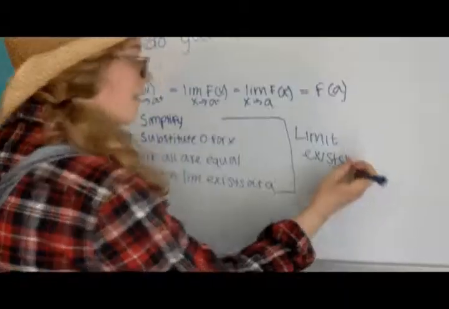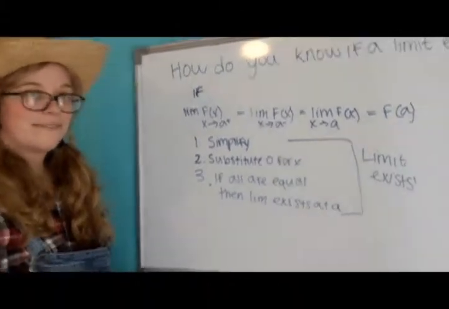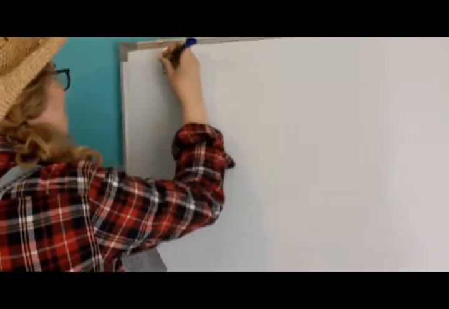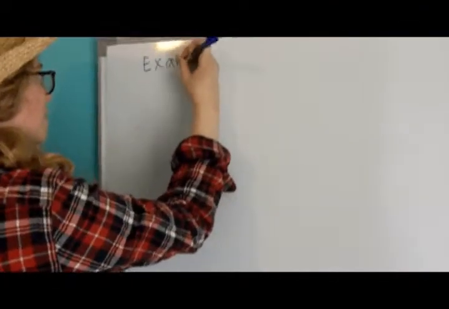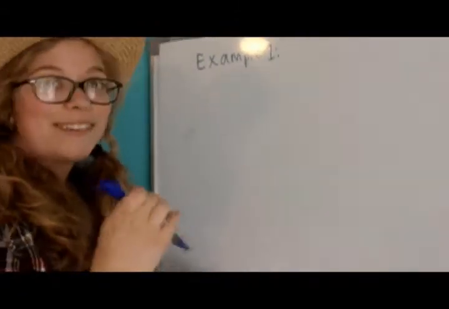So, now that we've gone over that, why don't we try some examples? So this is going to be our first example. Feel free to get your paper and pencils out and try it with me.